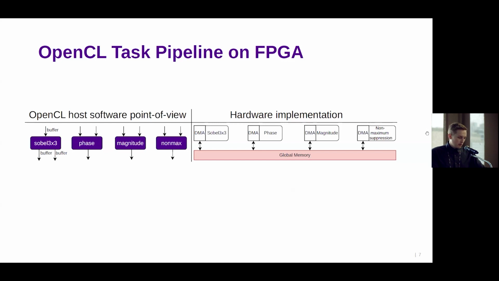Once we have put that to the reconfigurable region on the FPGA, then on the host software we get this OpenCL kernel object that we can then program with the buffer kernel arguments. And I have explicitly drawn this DMA block here on the kernel side, to emphasize that because it's custom hardware, we can also specialize the memory access hardware there.